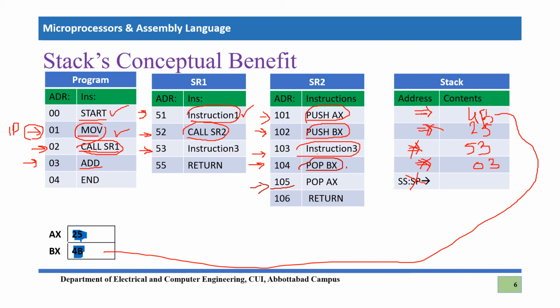So that means what will happen? This content of the stack register which is on the top will go to BX, let me use another color now. I hope you are understanding.